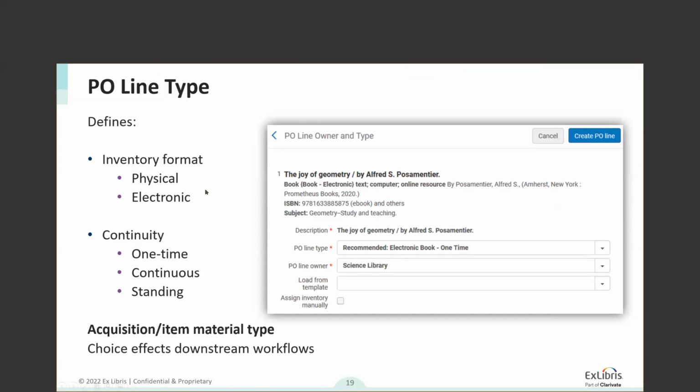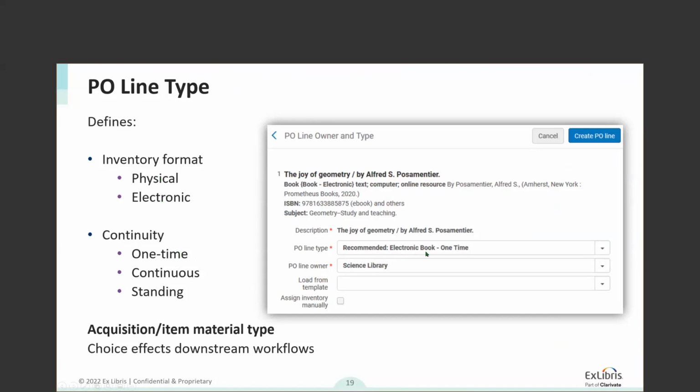Now, the PO line type is a combination of your inventory and continuity. So is it physical one time? Is it physical continuous? Is it physical standing? Or is it electronic one time, electronic continuous, and there is no electronic standing. So one of those options.